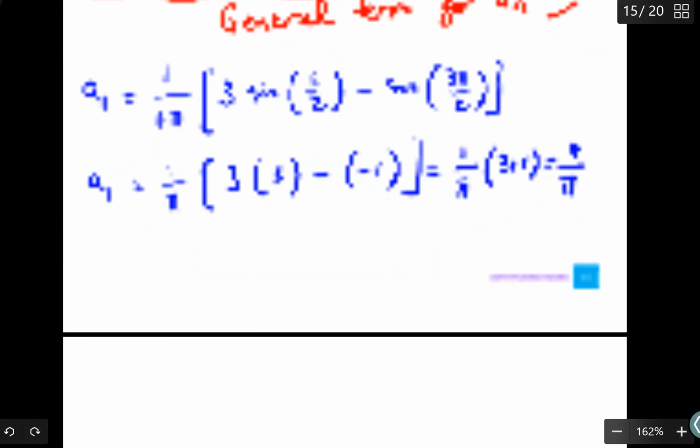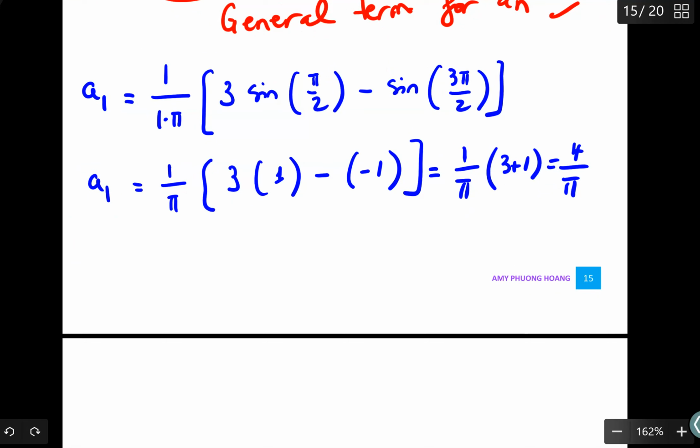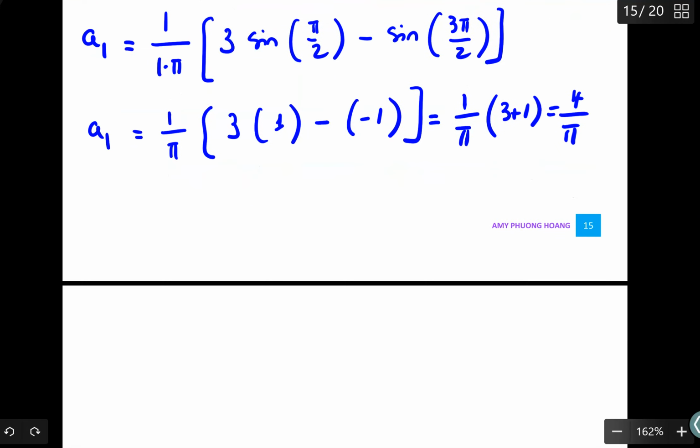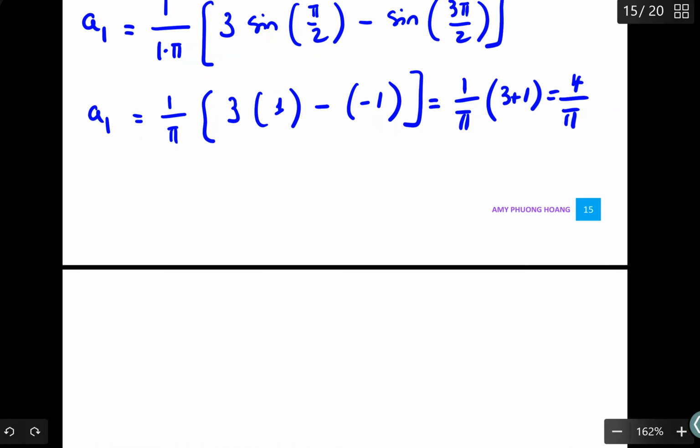Now let's start with my A2. No, it's not A2. We don't have the even harmonics here, right? We should have the odd harmonics only.